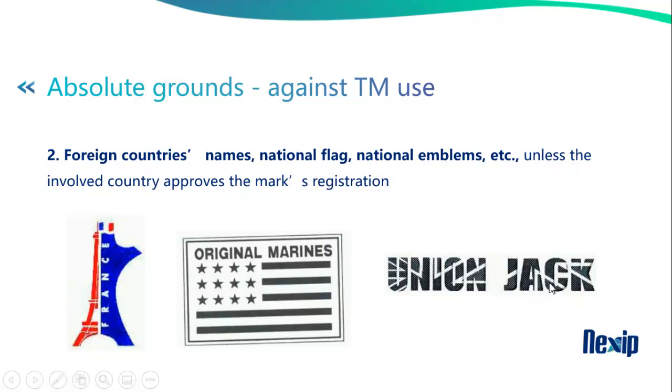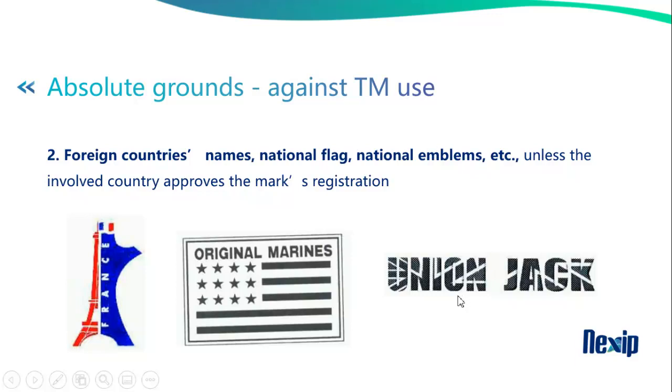And this one is the Union Jack, which is the depiction of the UK's national flag. So they cannot be registered and used as trademarks in China. But if the involved countries approve them, they can still be registered and used as trademarks in China.